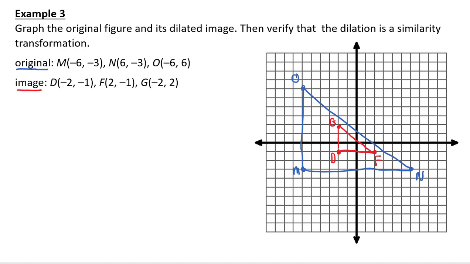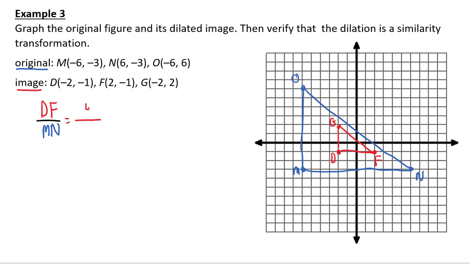Let's look at my image, the side DF. That is 1, 2, 3, 4. So I'm going to look at side DF, my new one, compared to my original, MN. Let's figure out if this is a similarity transformation. So let's figure out what the scale factor is.